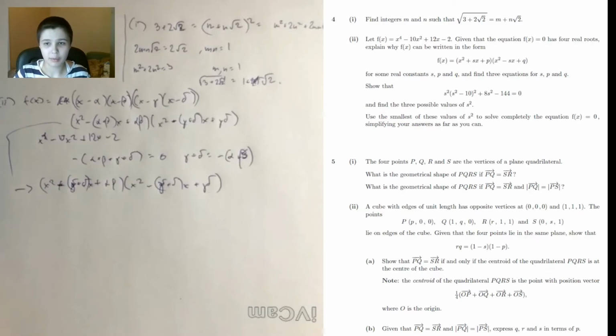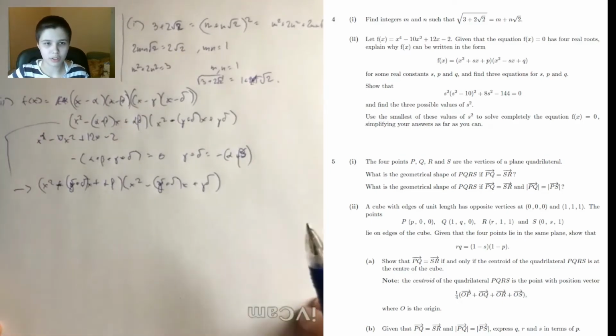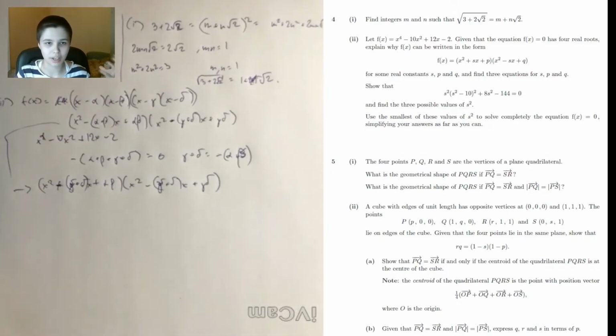And with real constants S, P, and Q, finding the three equations for S, P, and Q, my first thought is to multiply out the f of x and then match the coefficients with the equation that we're given, so x to the 4 minus 10x squared etc., to match up with the expanded equation.